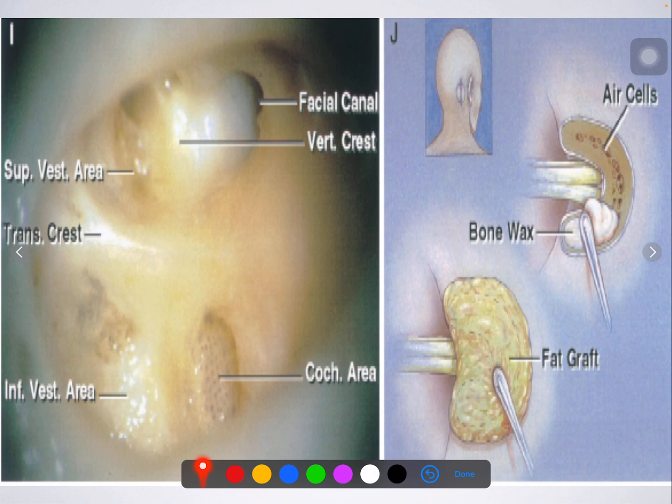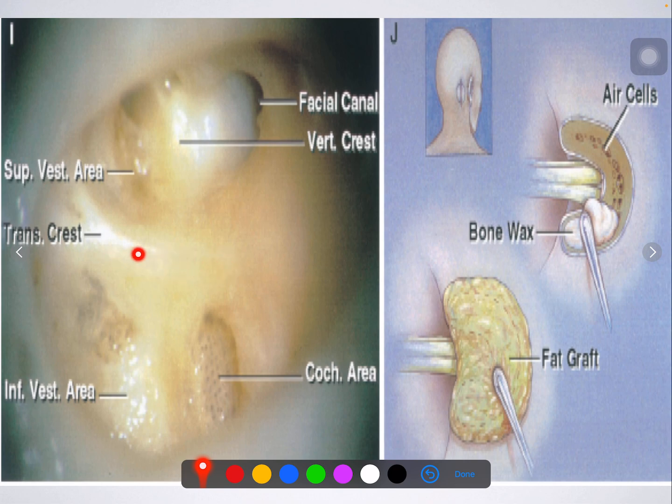Here you can see, this is the right side, this is anterior, this is posterior. You can see this is the vertical crest, which is the Bell's bar. This is the transverse crest, or crista falciformis. In the compartment above and anteriorly is the facial canal, where the facial nerve is with the nervus intermedius, and behind it in the upper posterior compartment is the superior vestibular area for the superior vestibular nerve.